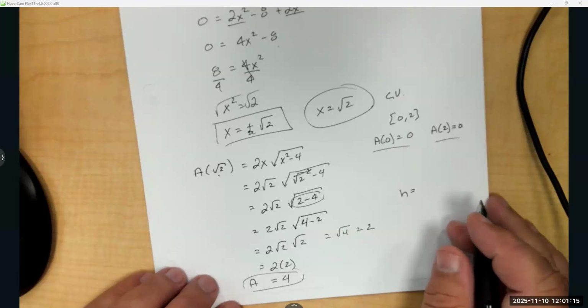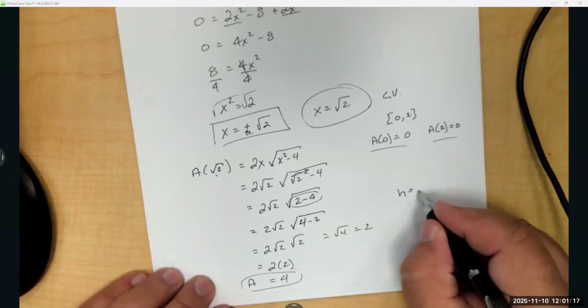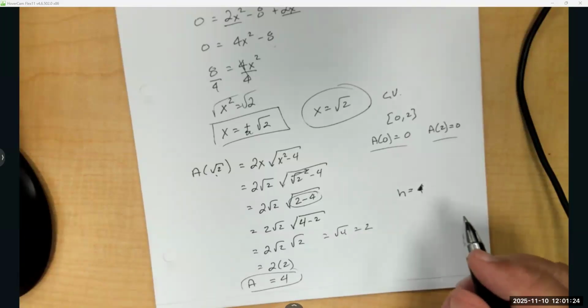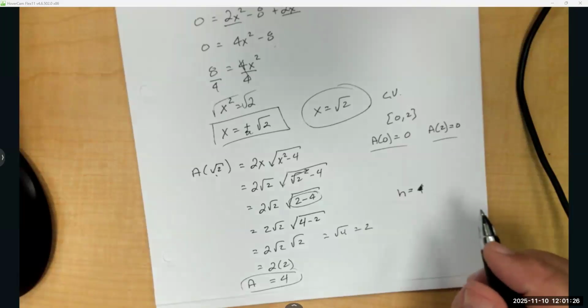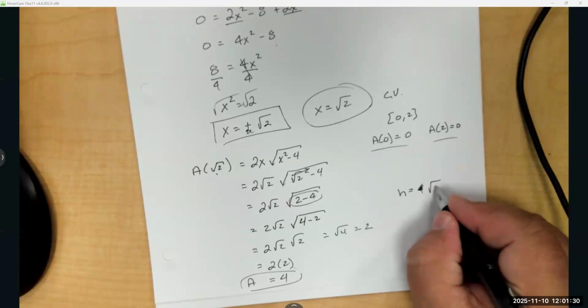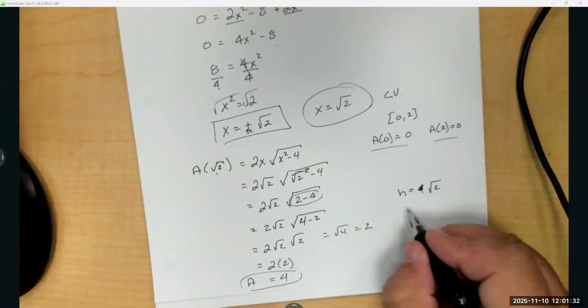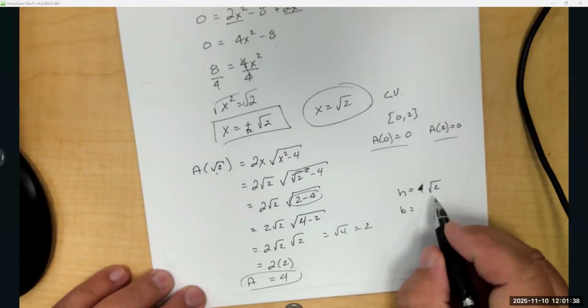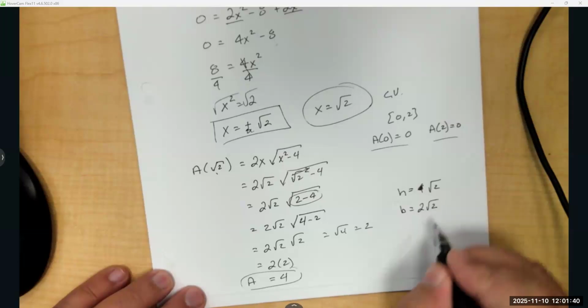So the height was, where's our height? What am I looking for here? So radical 2 was the height. And the base was 2 radical 2.